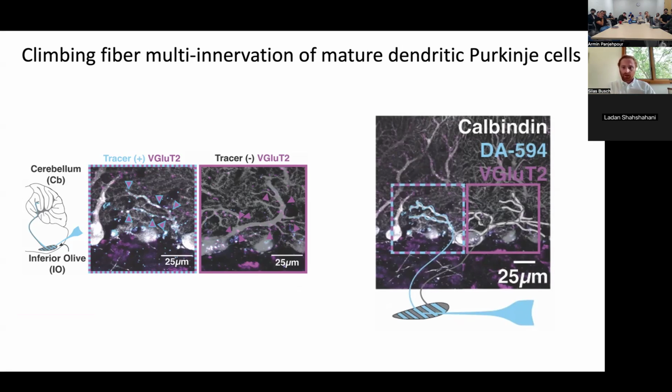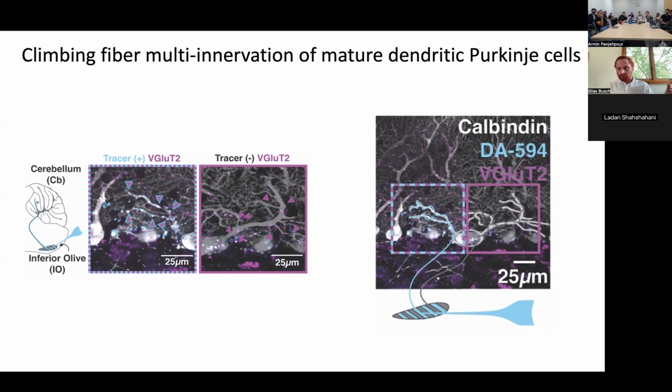And then I paired that, once that is expressing in the animal, I would sacrifice it and do my immunolabeling experiment for calbindin, which labels the Purkinje cells, and VGLUT2, which labels all climbing fiber terminals. And essentially the goal here was to see if I could find a Purkinje cell that has both tracer positive VGLUT2 puncta, so that would be climbing fiber terminals on the Purkinje cell from a tracer labeled climbing fiber, and tracer negative VGLUT2 puncta.